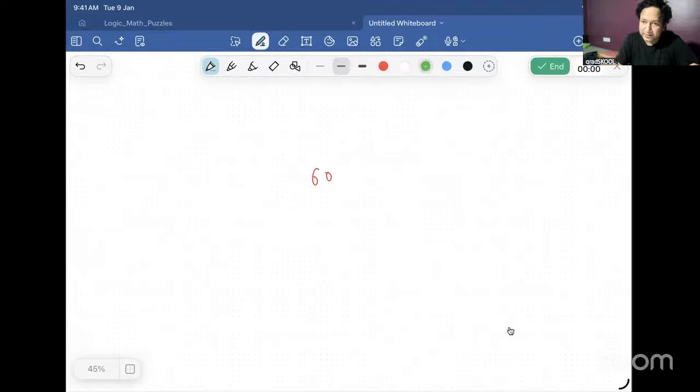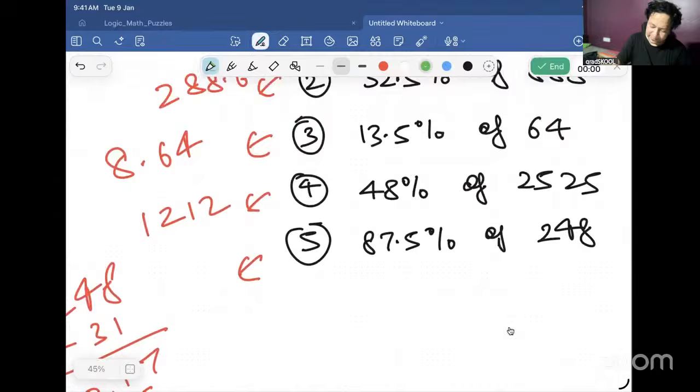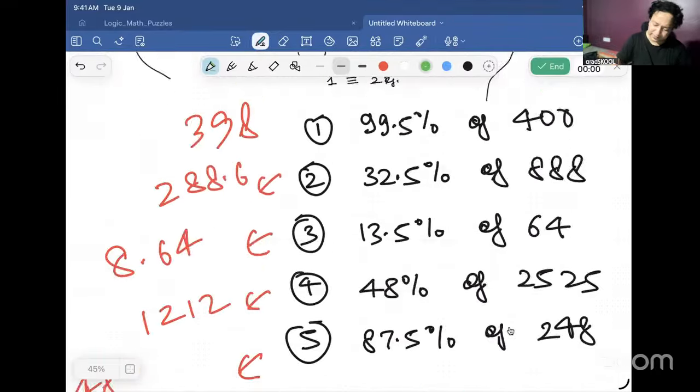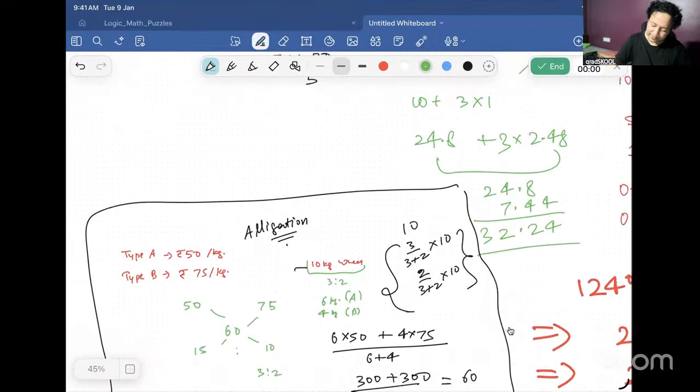If I take your example. Okay, so I'll take someone else's example. So 60, let's say it's Aditya. Now 60 is there, and I, the shopkeeper, had two kinds of wheat, which were 50 and 75, I hope. Yeah, 50, 75, right?